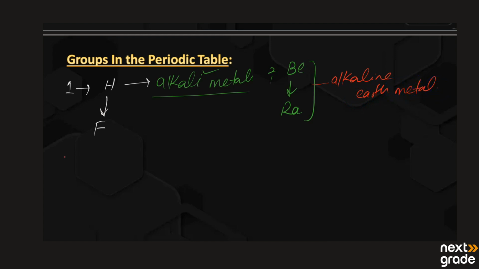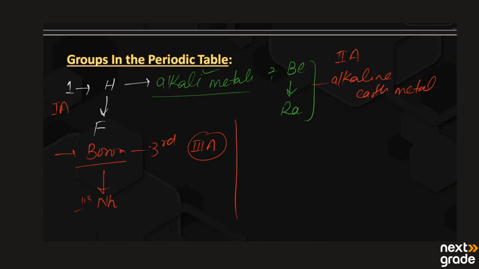After that we have the boron family in the third group, known as 3A. The first group is known as 1A, the second as 2A, the third as 3A. It starts from boron and ends at Nh, whose atomic number is 113. Next, group 4A is the carbon family.